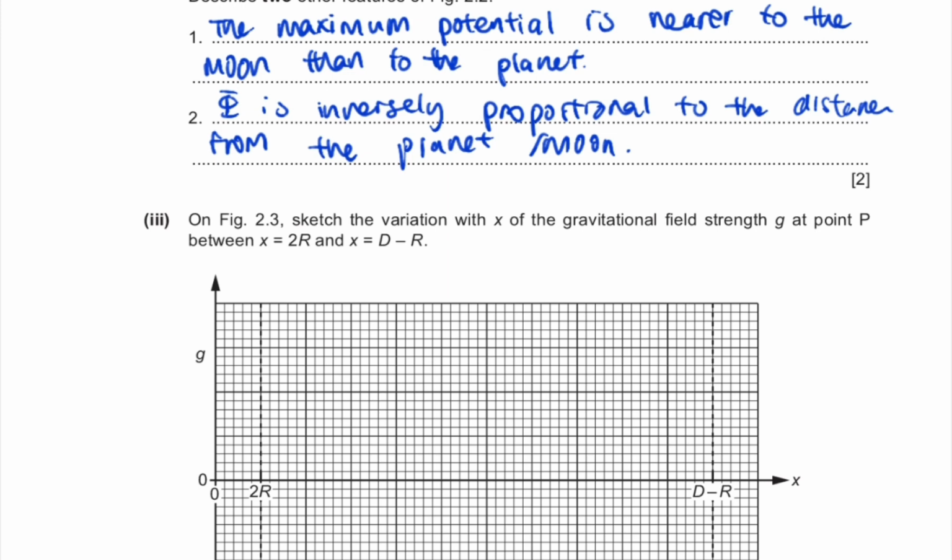For example, you can say that the potential at the surface of the planet is smaller than that at the moon, because obviously the planet has more mass. You can also say that the potential gradient at the planet is bigger than that of the moon, because obviously the planet has more mass. So you can compare the planet and the moon together. I think that's where you really get a gold mine of answers and points that you can make.